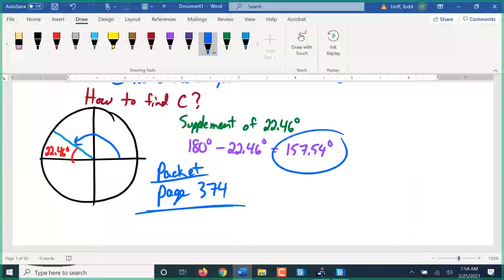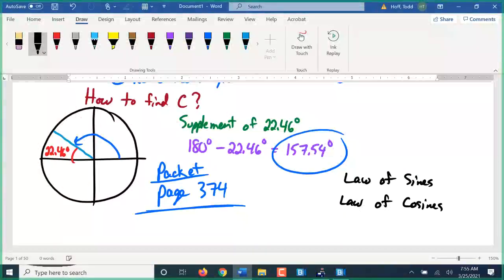Next week, like I said, Monday, Tuesday, and Wednesday, we're going to work on these oblique triangles. How do we apply trig to those oblique triangles? It comes down to law of sines and law of cosines. Now, I get asked all the time, well, there's a law of sines and there's a law of cosines. Is there a law of tangents?